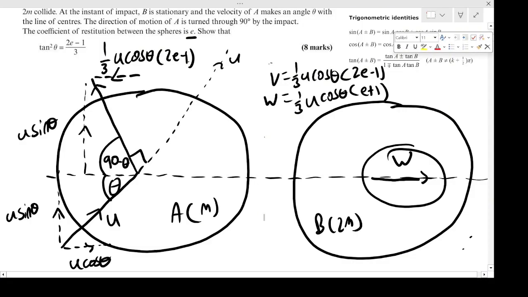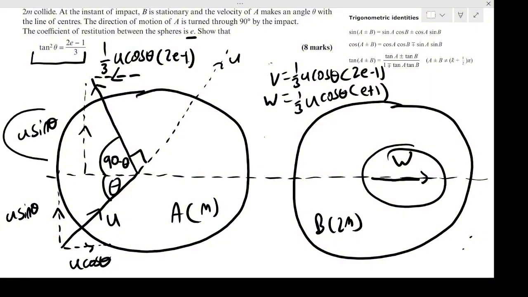So what do I do now? I found my v and w. Where do I go from here? Hopefully you're happy up to this point. There's a bit of algebra, but it's the same process we've been doing before. But where do we go from here? Well, it's talking about tan theta, tan squared. Again, I've got my velocity triangle.